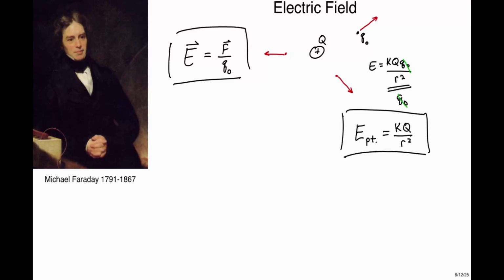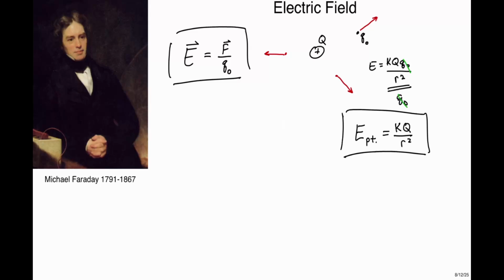Now look at it really closely. How many charges are in that statement? It's just one charge. And what charge is it? There were two charges, now there's one. Which one went away? The Q naught, right? The test charge. So what makes electric field? Is it the test charge?